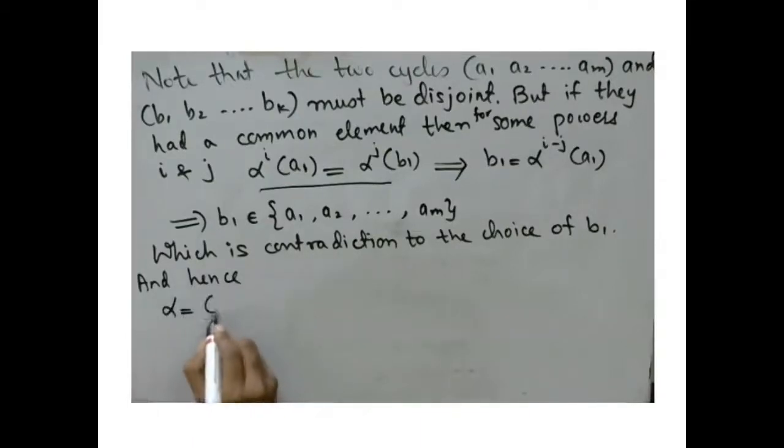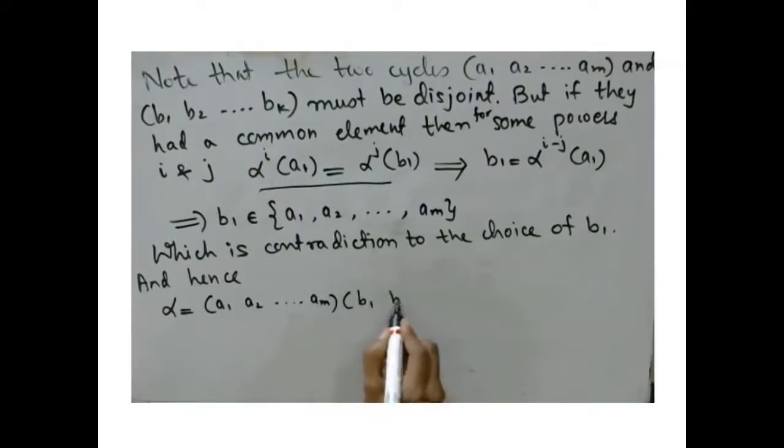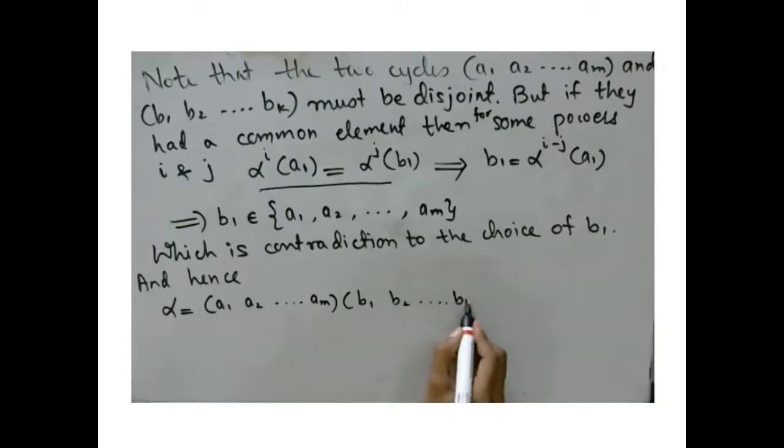Hence alpha can now be written as A1, A2, AM, B1, B2, Bk, and dots. Again, why are we writing dots?